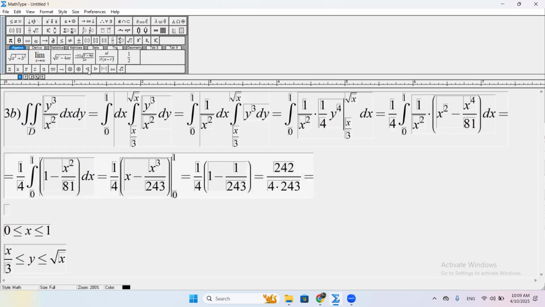So now let's even simplify it a little bit. 141 over, yeah, so we'll multiply it by 2. 486, and I guess it can even be divided by 3, by the way.